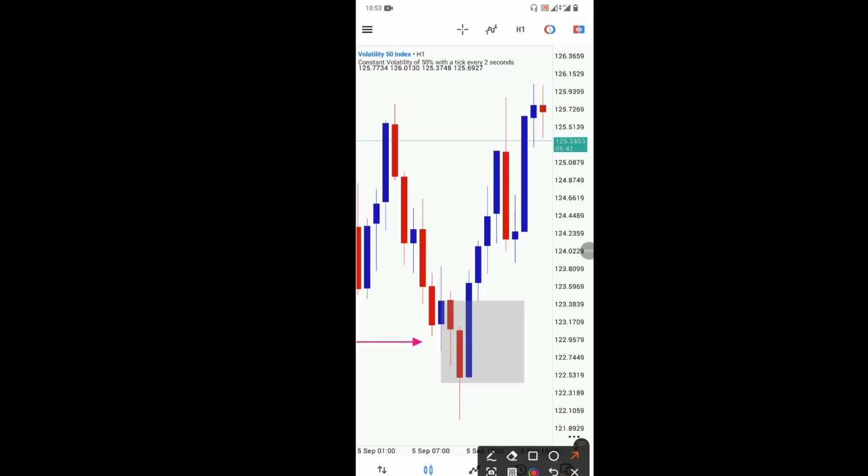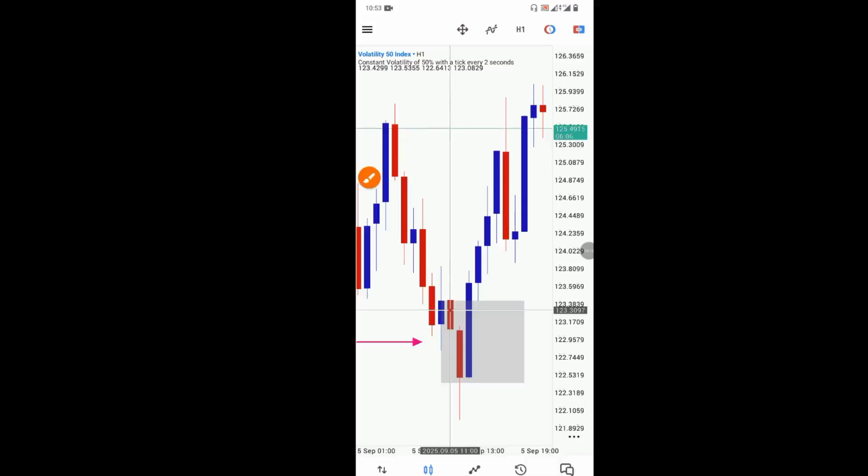And for you to get the opening price, when you put this cross cursor on this very candle, take note of where I'm going to be pointing the arrow. This is open, high, low, and close. Those are those numbers. Wherever that cursor is, it tells you the opening price of that candle, the high, the low, and the close of that candle.